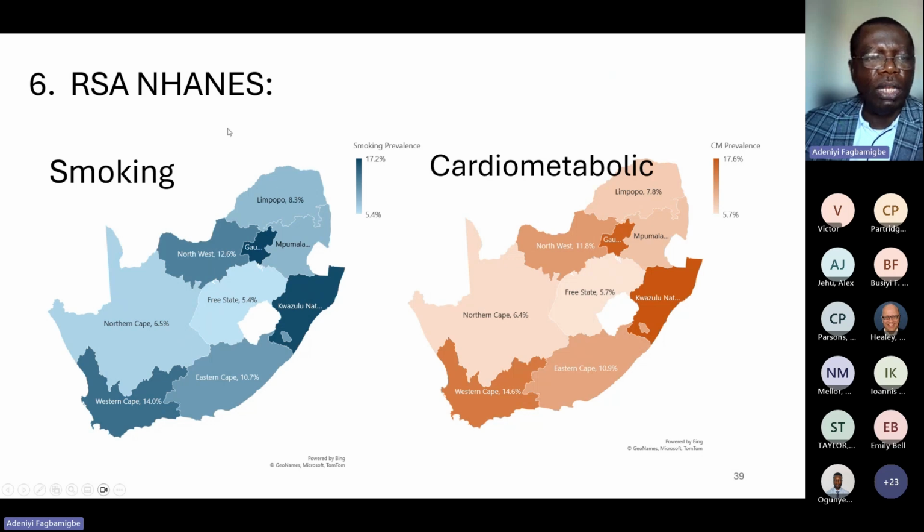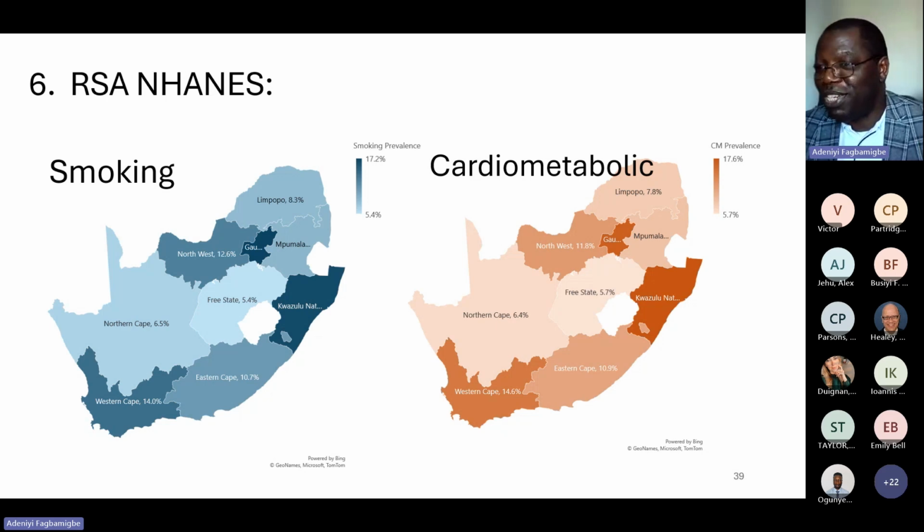This particular study is an NHANES study, the National Health and Nutrition Examination Survey in the Republic of South Africa. Here, I wasn't even in South Africa. I was able to lay my hands on their data with some of my colleagues, and we looked at the effect of smoking on cardiometabolic conditions across the different regions in the Republic of South Africa.